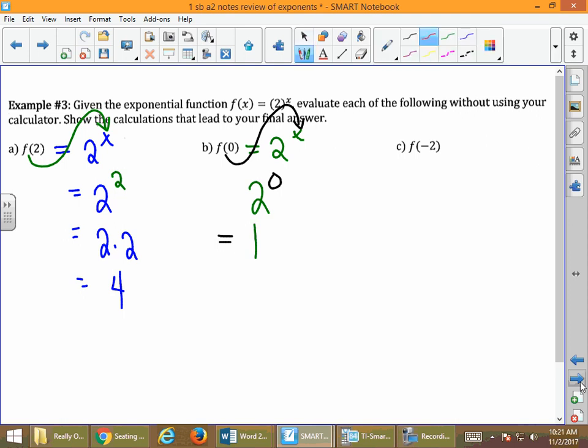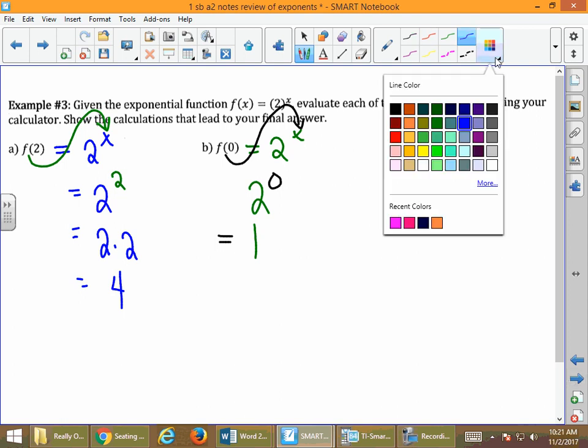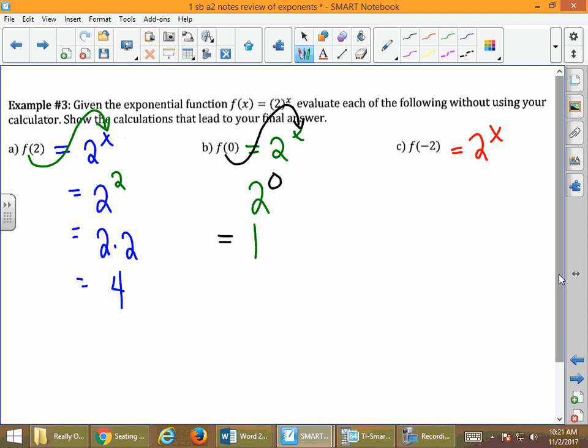Over here in letter C, f of negative 2. We're taking this value, negative 2, and we're going to put it back into the function wherever we see x. So this is going to become 2 to the negative 2nd power. Again, with the negative exponent, we flip and change the sign on the exponent.